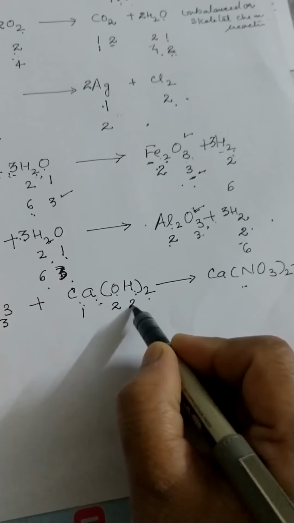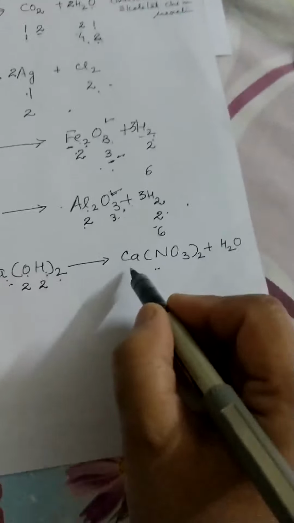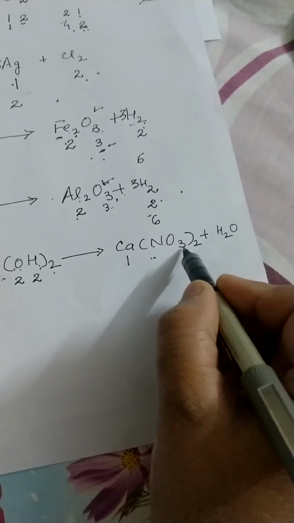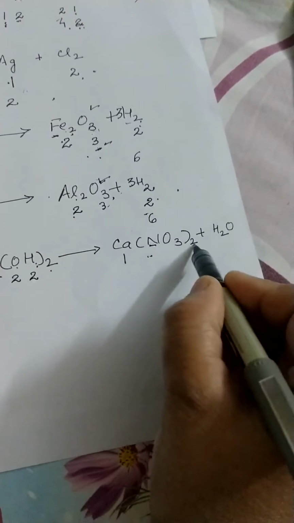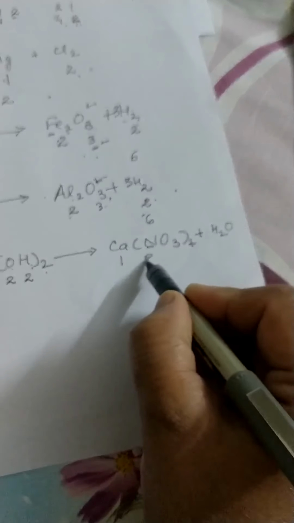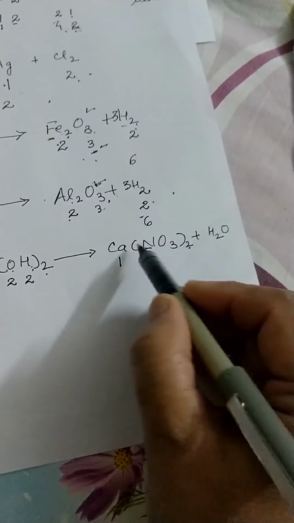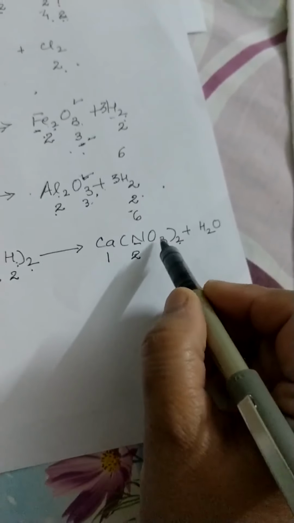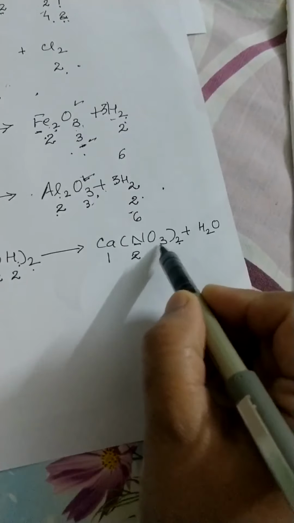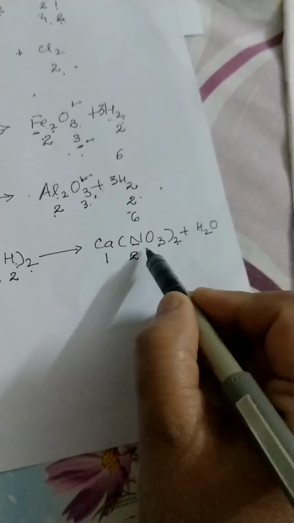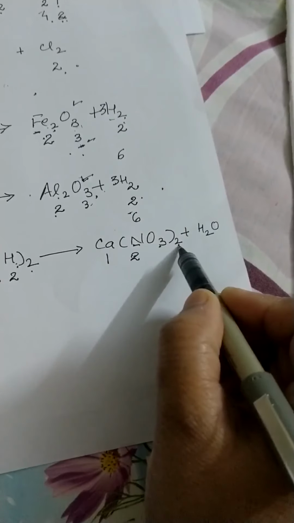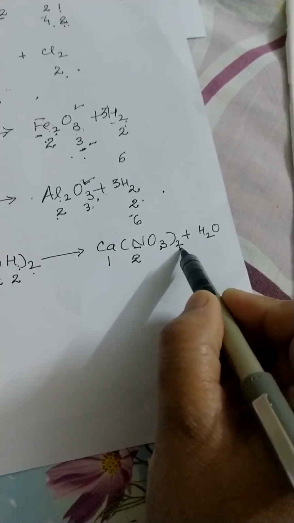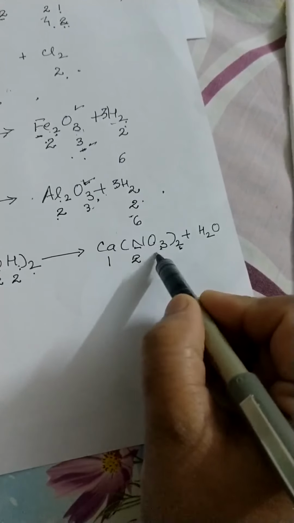On this side, calcium 1 atom, nitrogen 2 atoms. And oxygen, watch clearly: oxygen 3 atoms, and it is in parenthesis, and here it is twice. It becomes 3 into 2. So oxygen becomes 6.